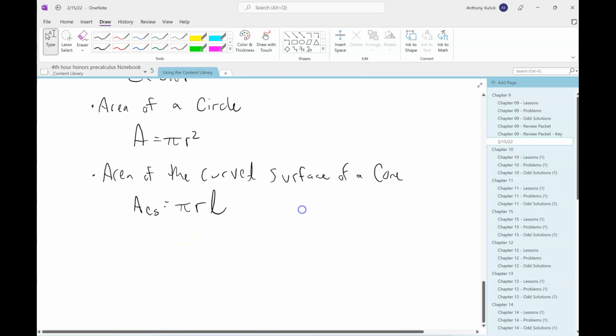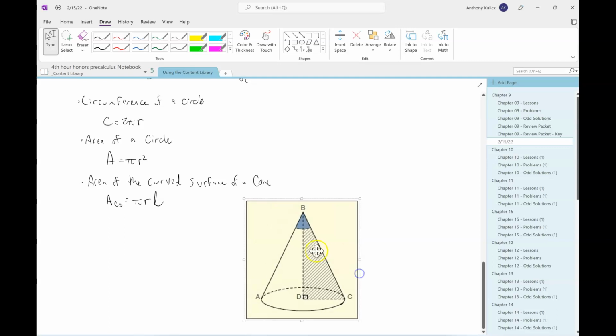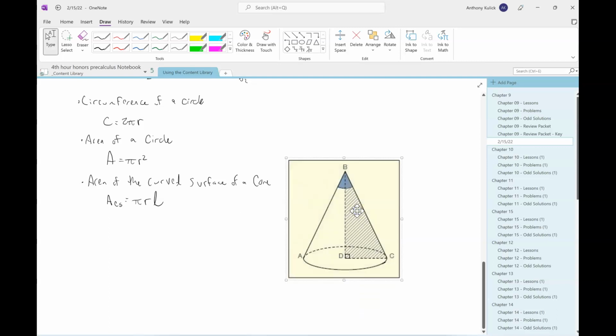So what the heck do we mean by the slant height? So this side of the triangle BDC, the hypotenuse there is our slant height.